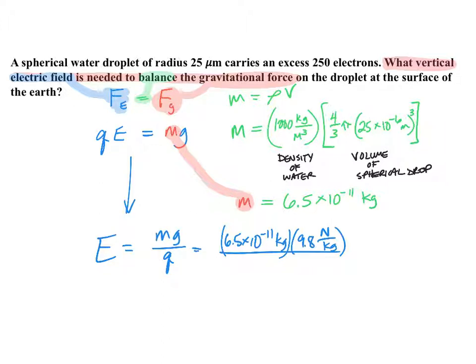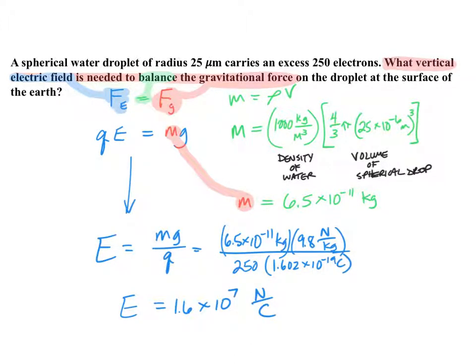And then the charge was 250 times the elementary unit of charge, which is 1.602 times 10 to the minus 19 coulombs. So that means our electric field will be 1.6 times 10 to the 7th newtons per coulomb.